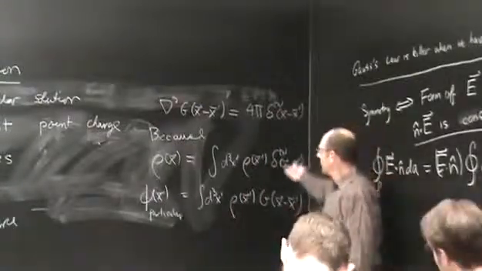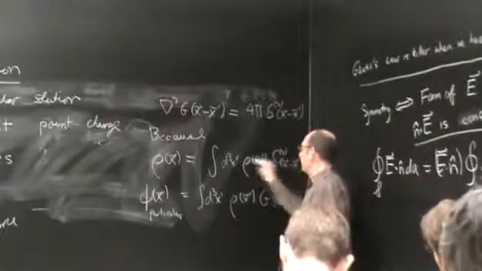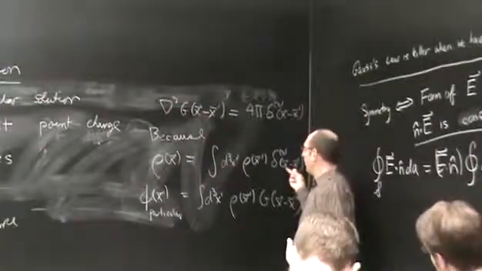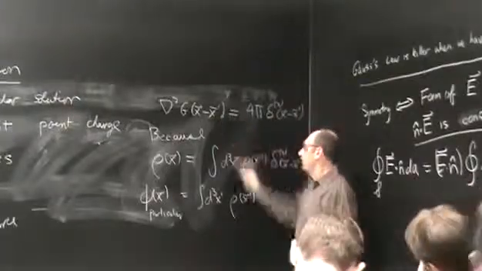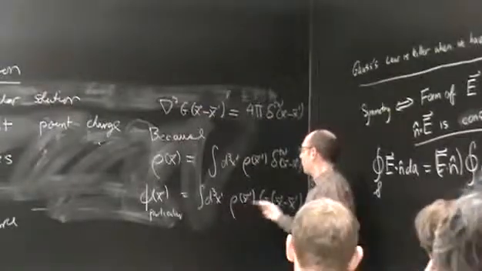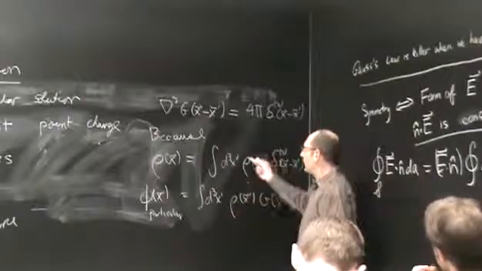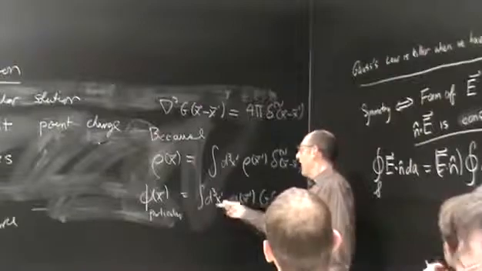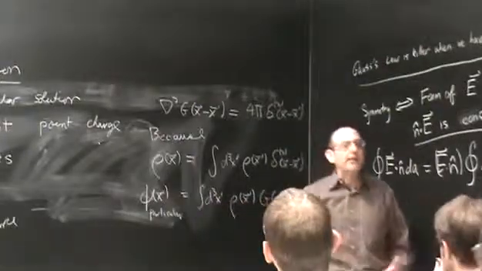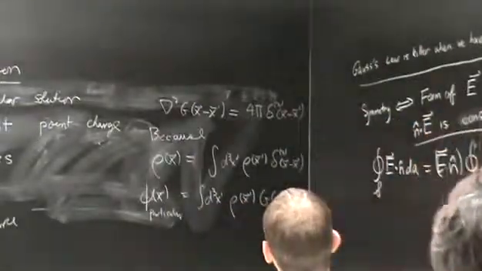Because all I'm doing is saying the source is made up of a superposition of point sources. Each point source gives rise to a Green's function. I just weight the Green's function by the strength of the source at each point and superpose them, and by linearity, that's the particular solution.